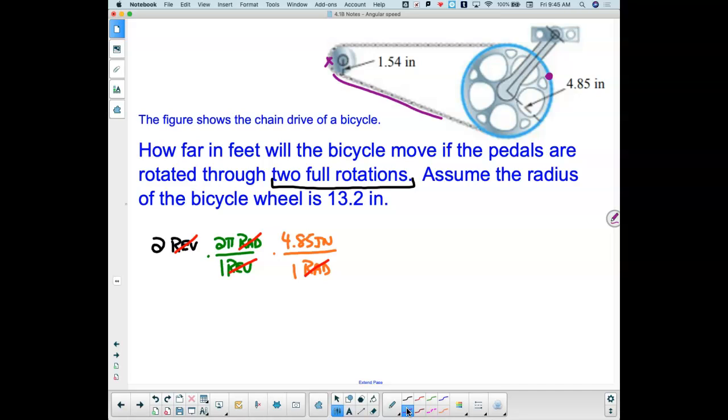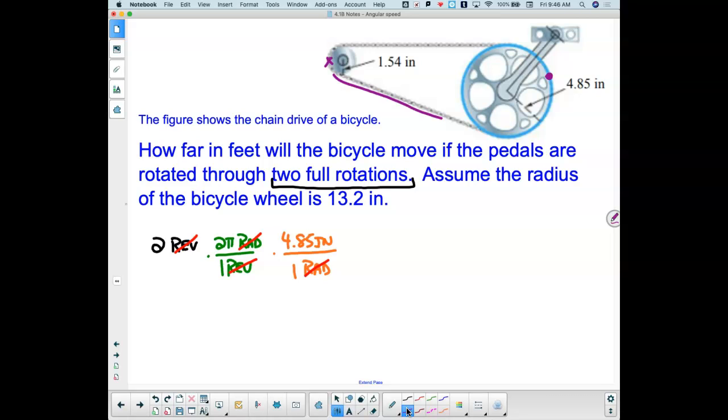Same distance, because they're connected by the chain. One part of the chain is not going to move at a different distance than the other part of the chain, because it's one chain. So that X has moved that exact same distance.